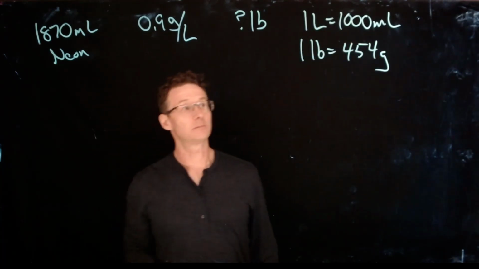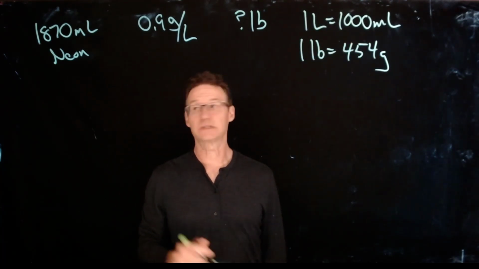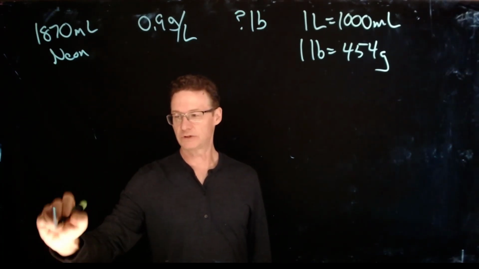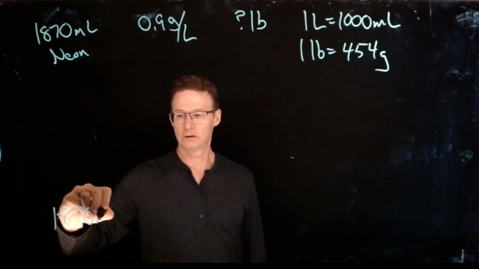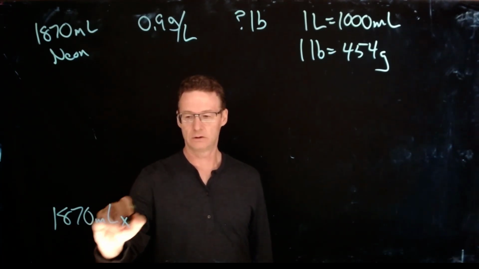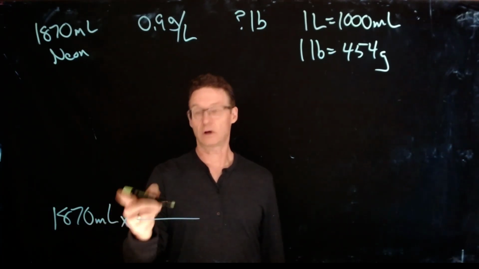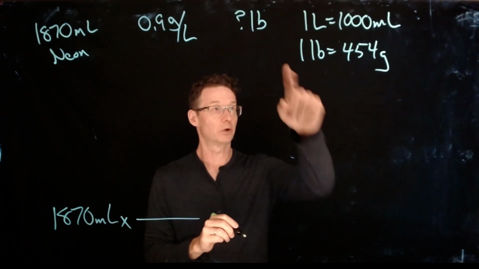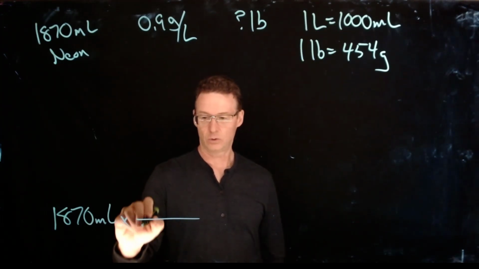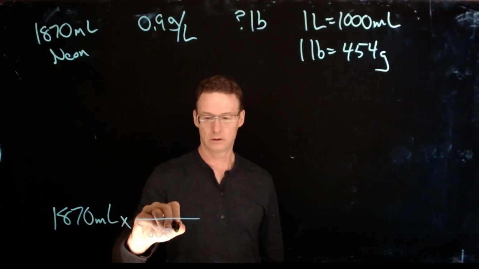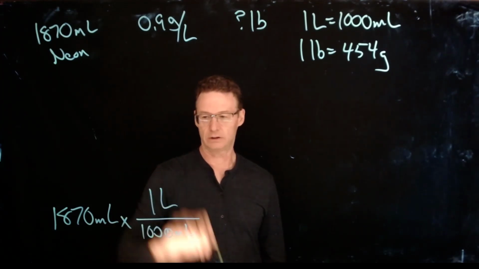So if we set this up, again, we're going to need a couple of steps here. We have our starting point, which is the 1,870 milliliters of neon. First, let's convert our milliliters to liters, and we're going to use the conversion factor of 1,000 milliliters is 1 liter.